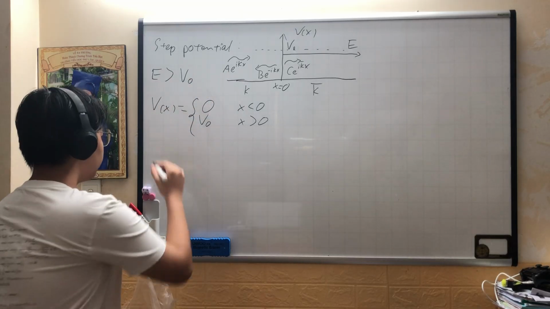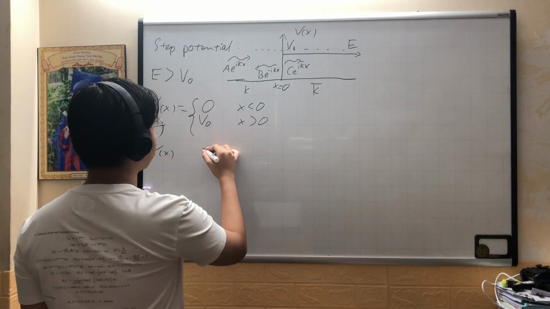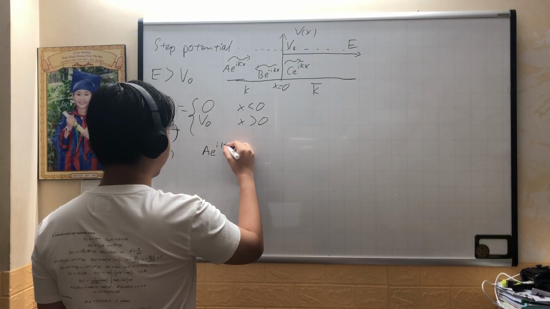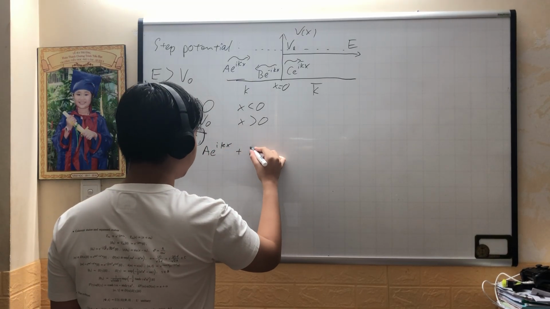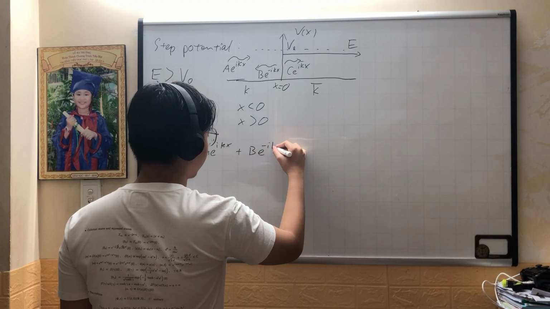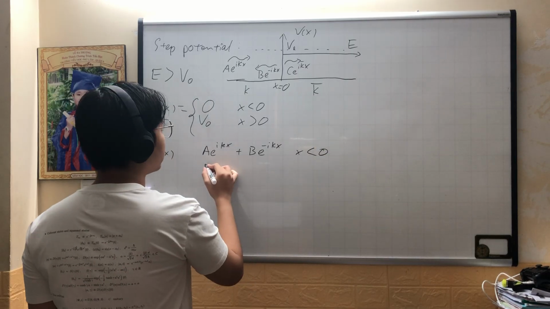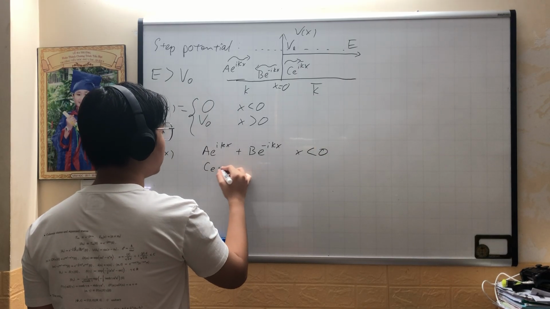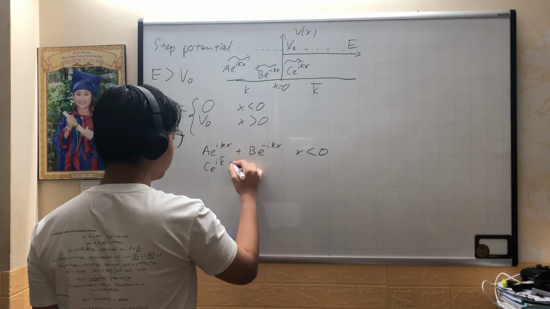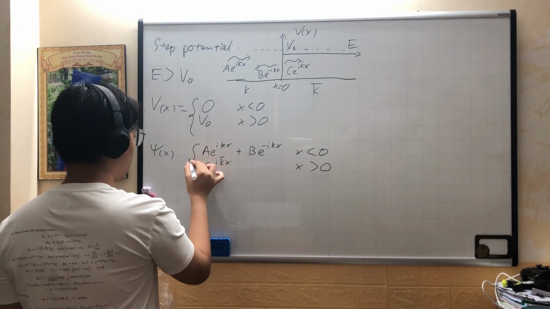So to sum it up, I'm gonna write our wave function to be A e to the ikx plus B e to the minus ikx when x is less than 0, and C e to the ik tilde x when x is greater than 0.